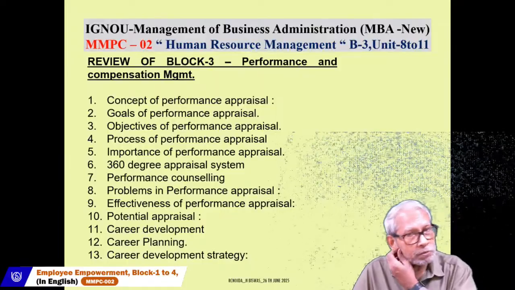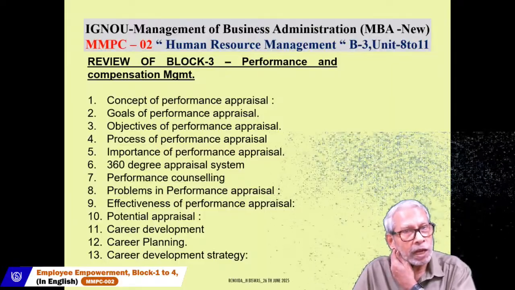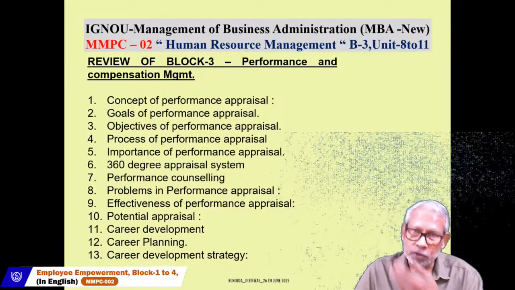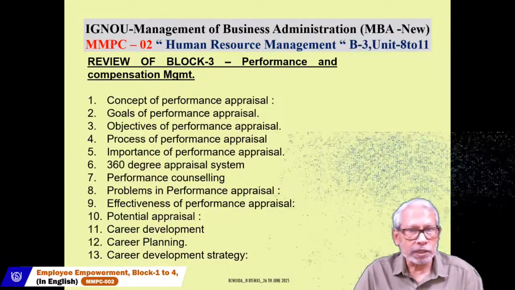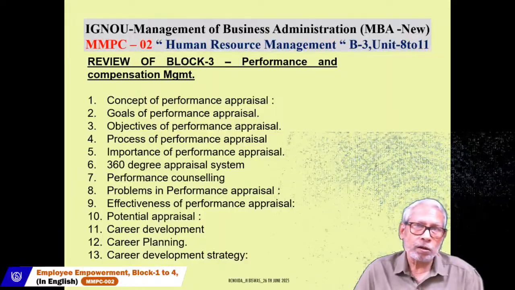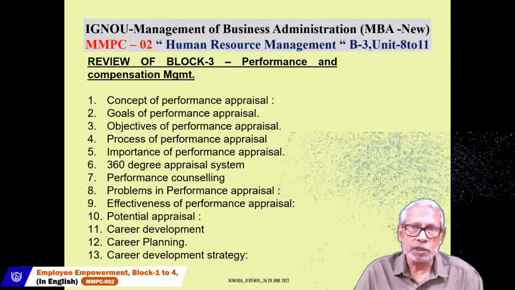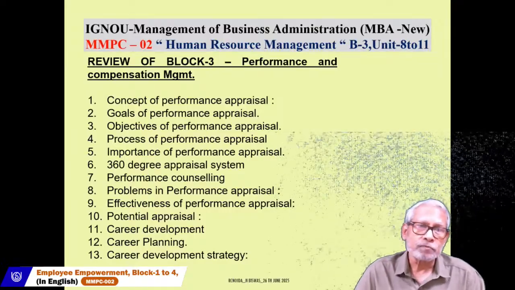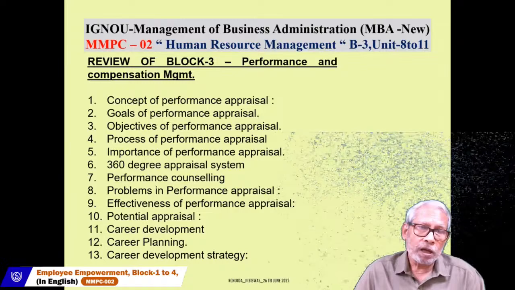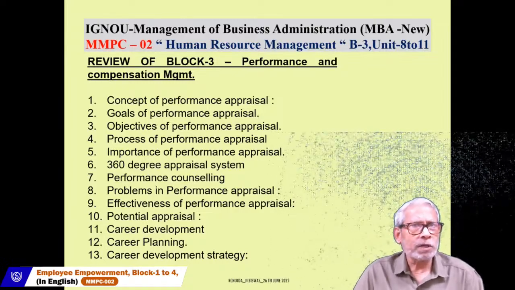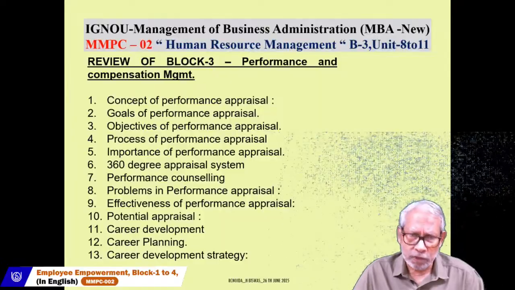Counseling is also important. Suppose somebody is not performing at par, is not fulfilling the target; some sort of counseling is required so that he can achieve what was delayed or not done earlier, and speed up the balance work. And what are the problems of the performance appraisal system, that also you have to highlight.